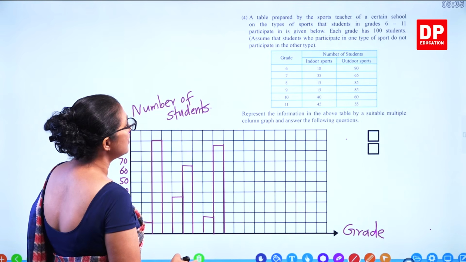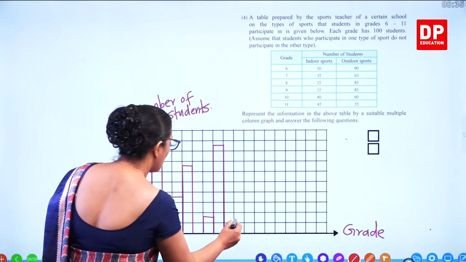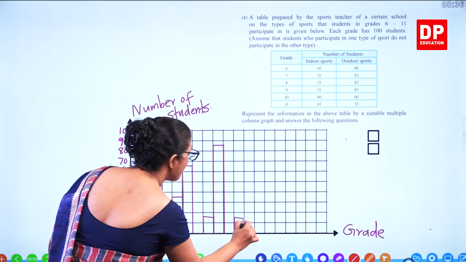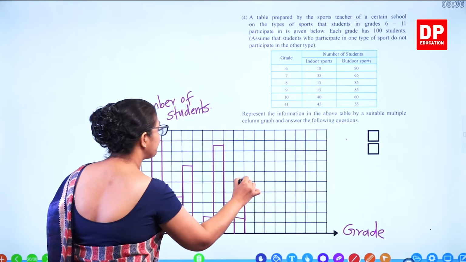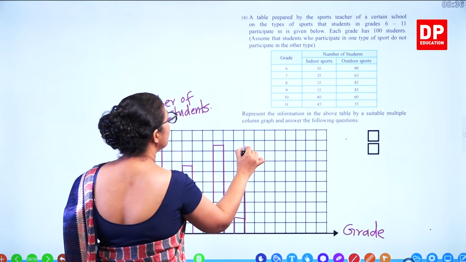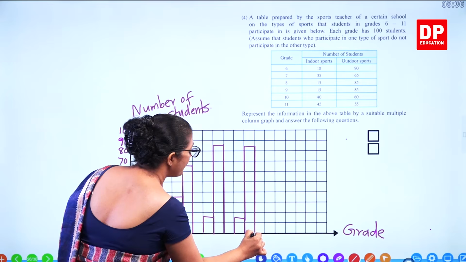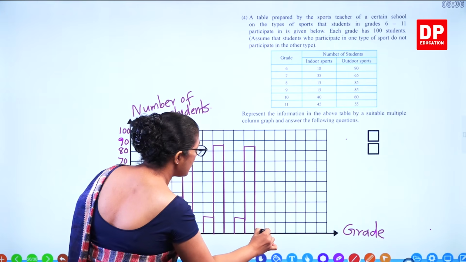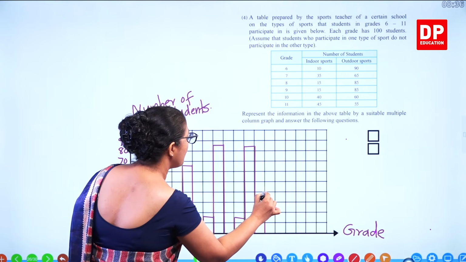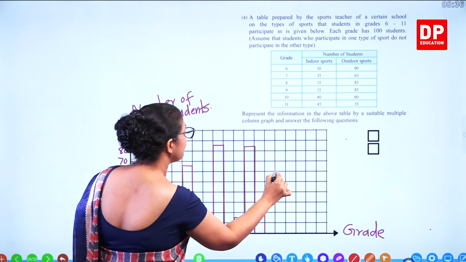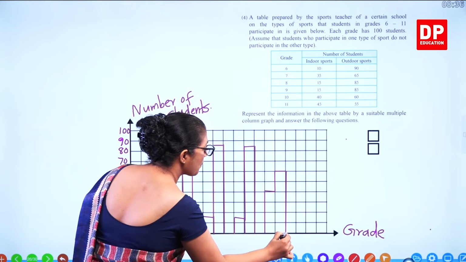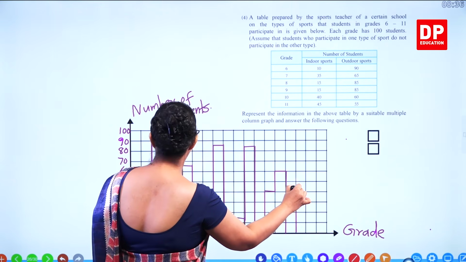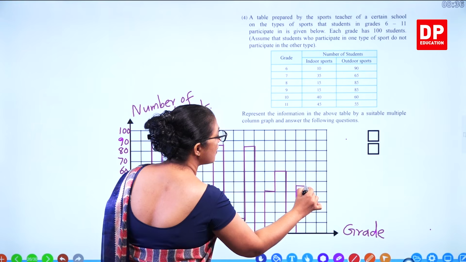Now the next one, again 15, 85. So here 15, 85. And then 40, 60. 40, 60. 45, 55. 45 and 55.